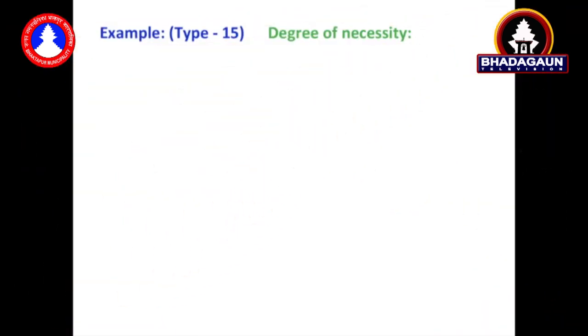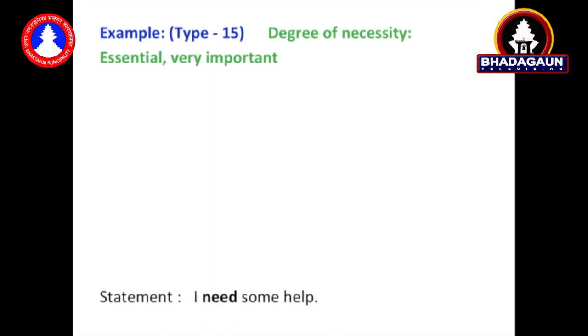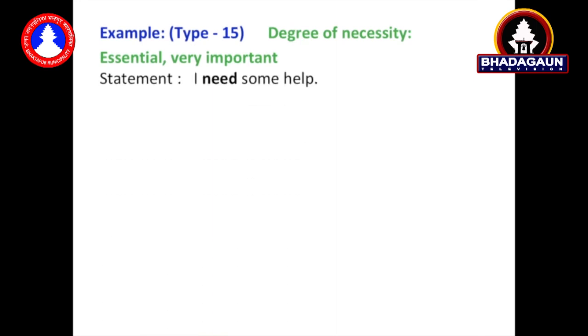Dear students, now another sentence structure, that is type 15, and the statement is, I need some help. Need can be an auxiliary verb, but here need is not the auxiliary. When I use need plus object, it shows the degree of necessity, meaning essential, very important.